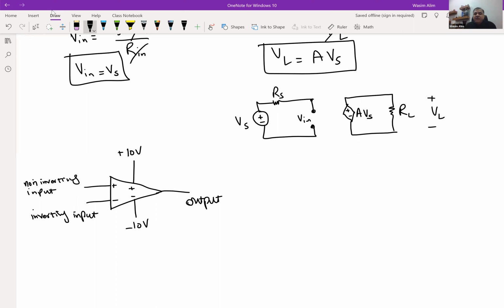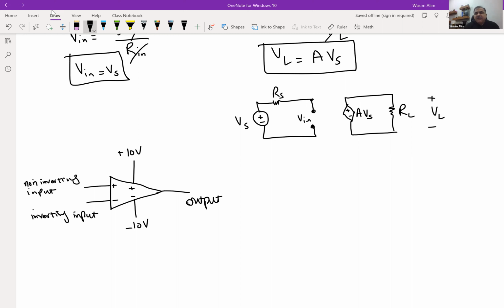Now, where you connect your resistors would matter a lot. If the circuit is connected to the inverting side of your device, then essentially you want the output voltage to be at a phase difference of 180 degrees, right?